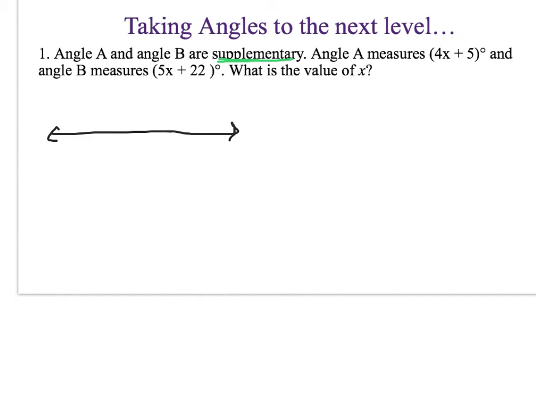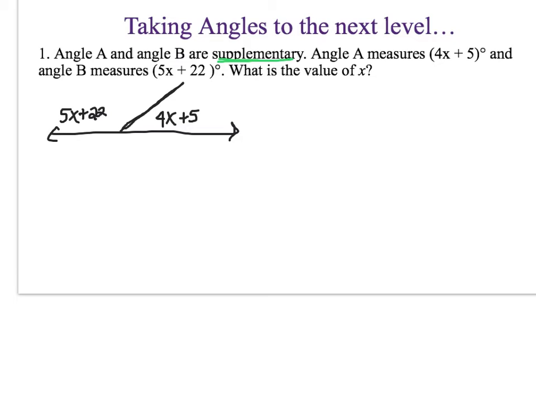I have two angles. I'm going to label the larger one 5x plus 22. And I'm going to label the smaller one 4x plus 5. Make sure you are writing this on your paper as I write this on the screen.